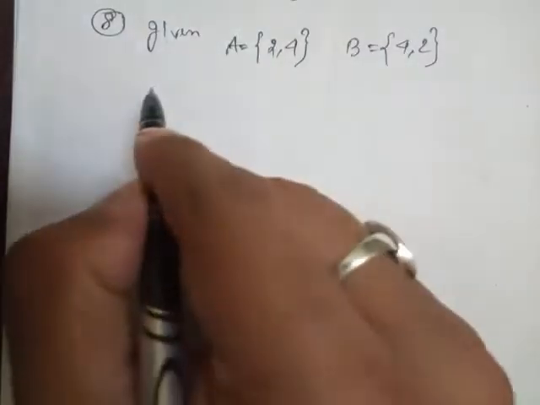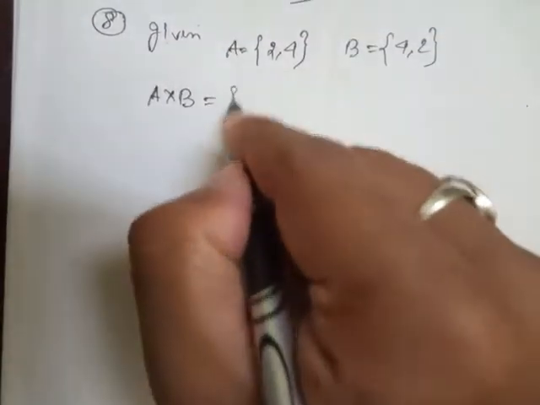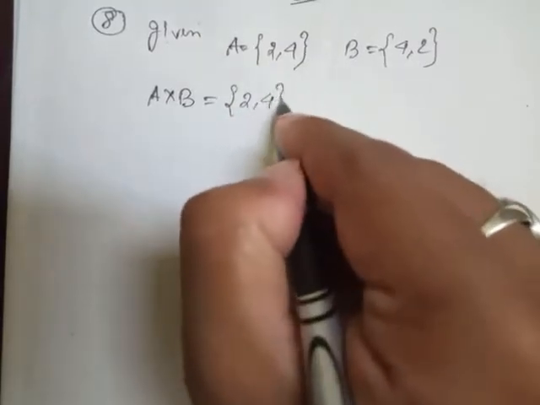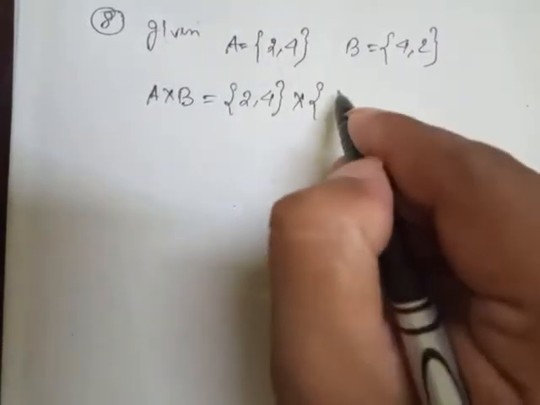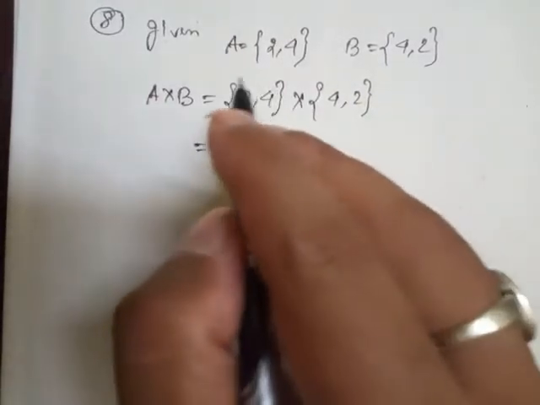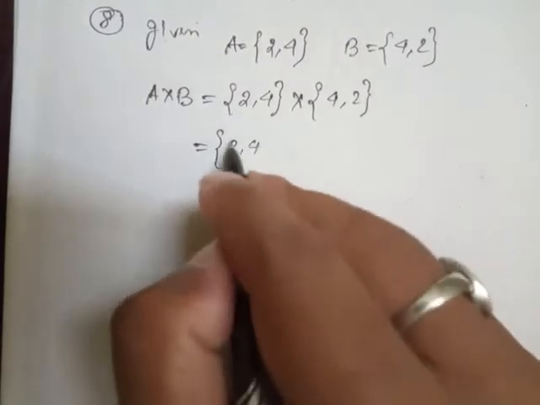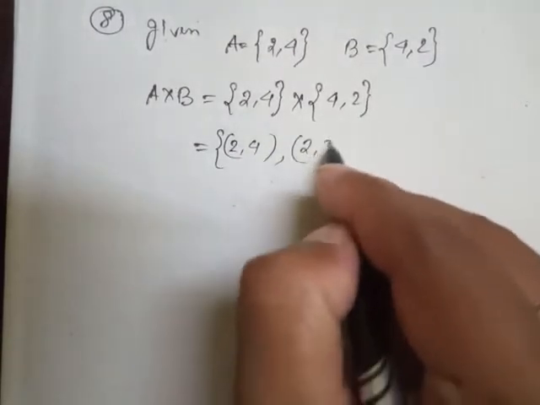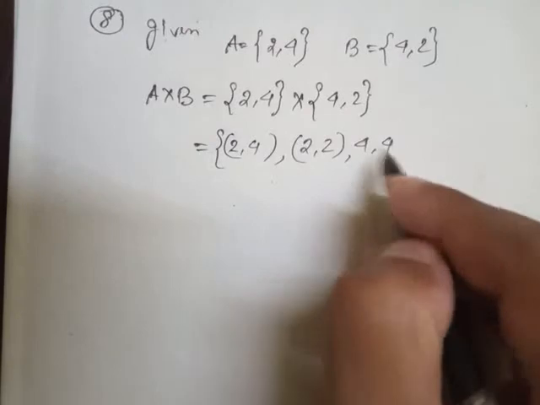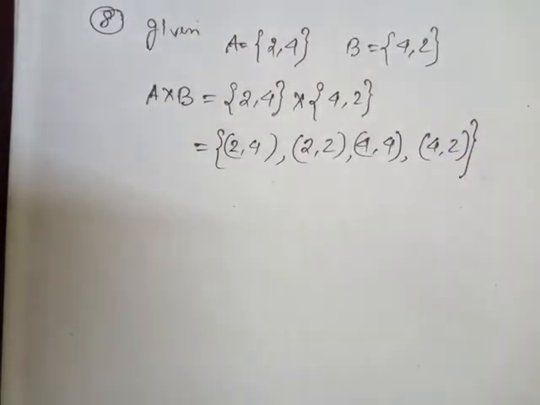Now we have to find A × B first. Putting in the elements, we take 2 with 4, 2, 4, then 2, 2, then 4, 4, then 4, 2. This is A × B.